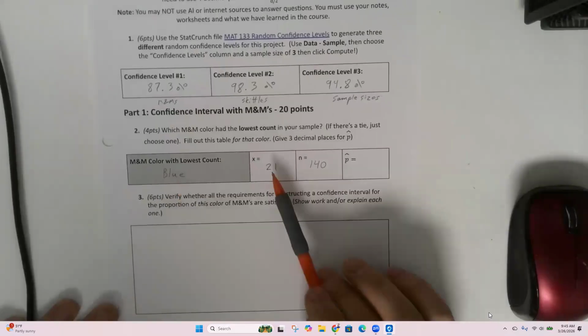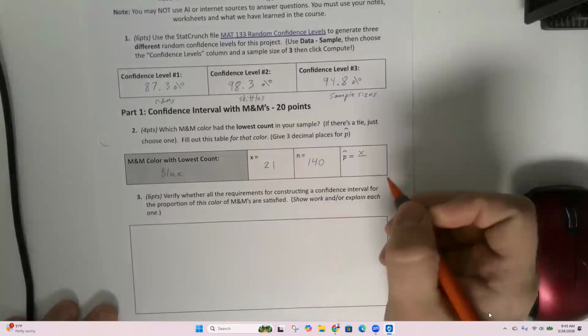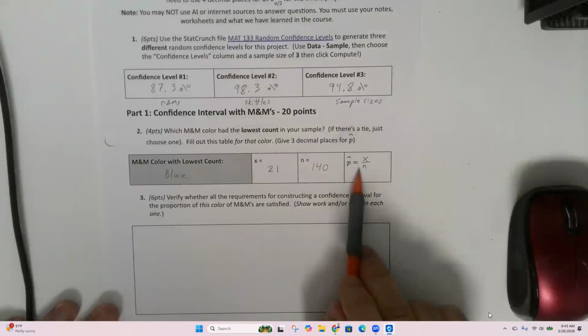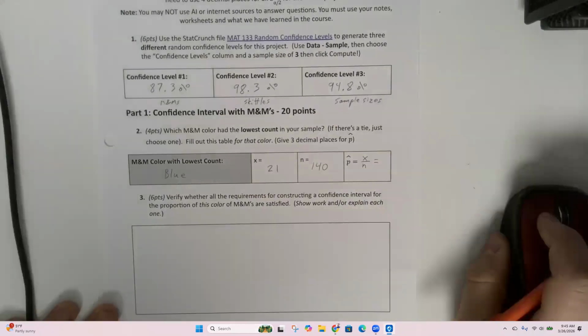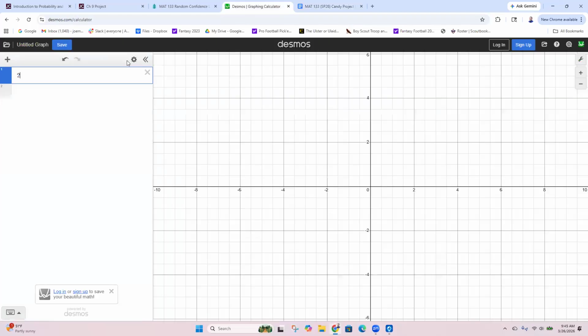So I want the blue, that's my X, that's going to be in the numerator, out of my total sample size, which is N. P hat is equal to X over N. So we'll need to put that in the calculator. So I had 21 divided by 140. So my proportion is 0.15. Oh, it's nice and round.